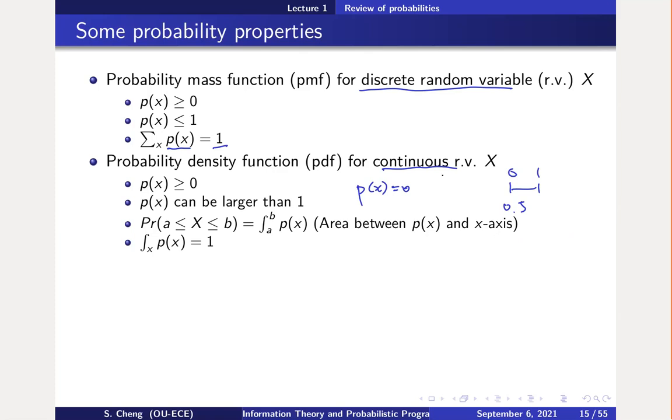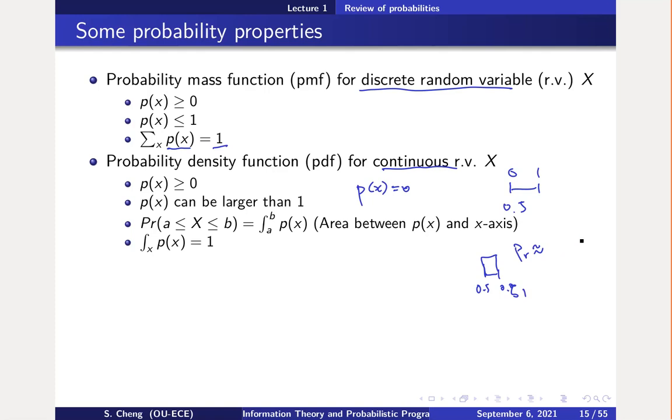So instead, the PDF is really saying, if we are given a range, let's say 0.5 to 0.51, then the probability will be approximately p(0.5) times 0.01.